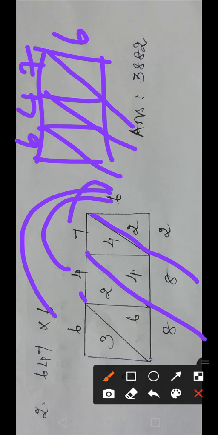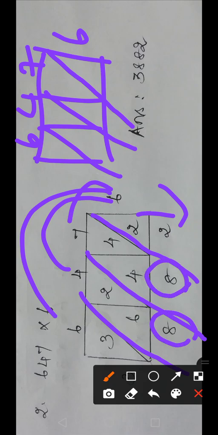Then you write the solution. 2, then 4 plus 4 is 8, 6 plus 2 is 8, and 3. Very good. Next, how to write? 3882. That is the solution. So draw the L shape line and read the numbers from up to below. 3882. That is the solution.